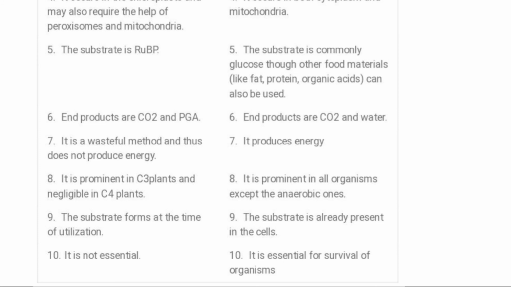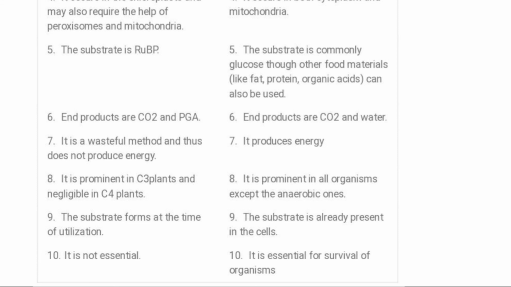And you should know that whatever may be the concentration of carbon dioxide and oxygen in the environment, PEPCO has the higher affinity to accept carbon dioxide rather than oxygen. Understood what I said? PEPCO enzyme has the higher affinity to accept carbon dioxide.